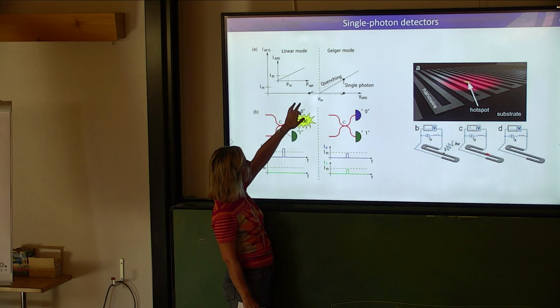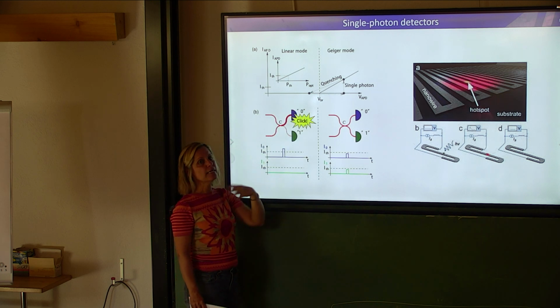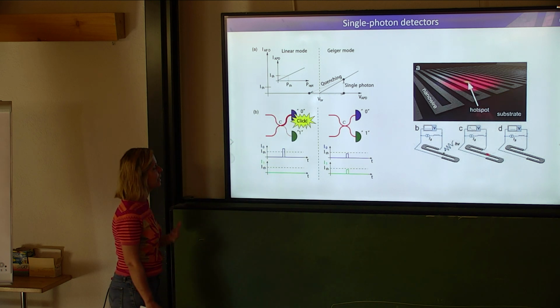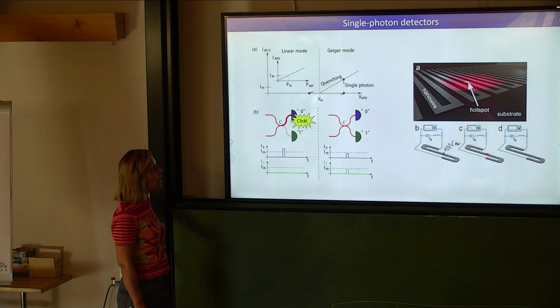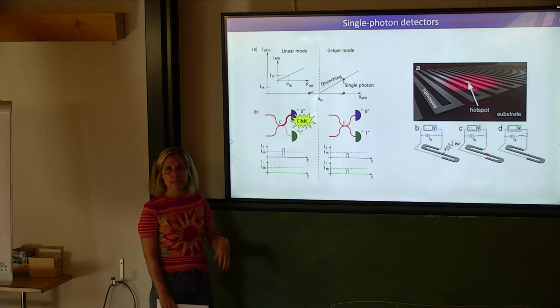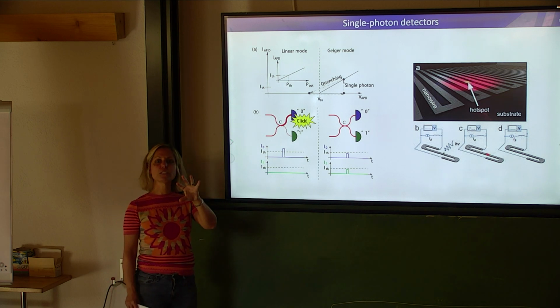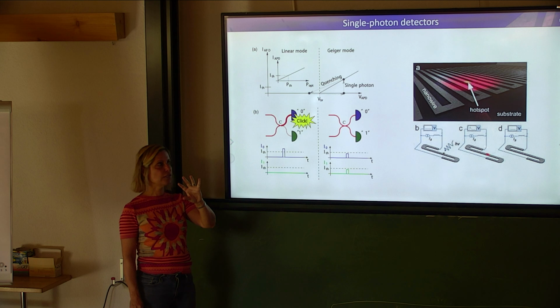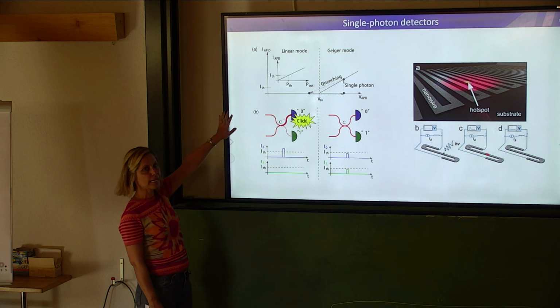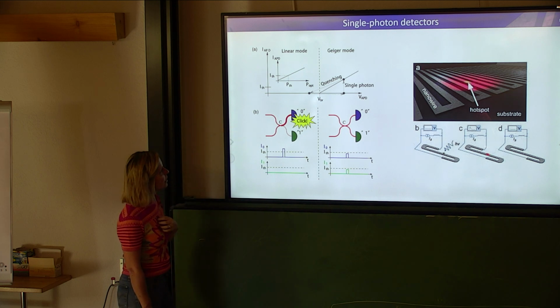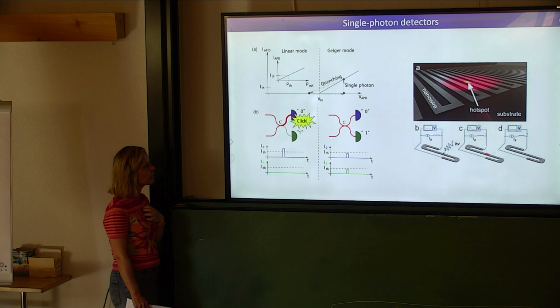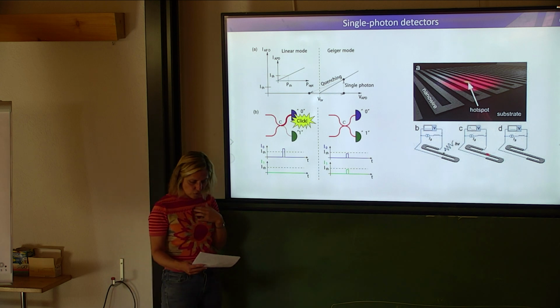After this dead time, the material is ready again to receive a single photon. This works nicely, but what the hackers found out is that if you send a strong classical signal into this device, it operates in this linear mode, and not anymore in this Geiger mode, and you can kind of control it.